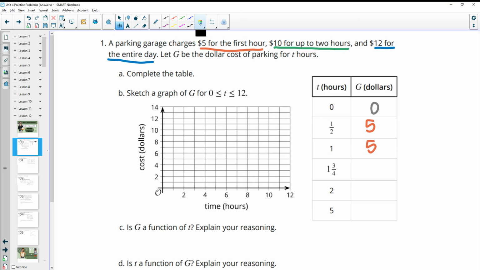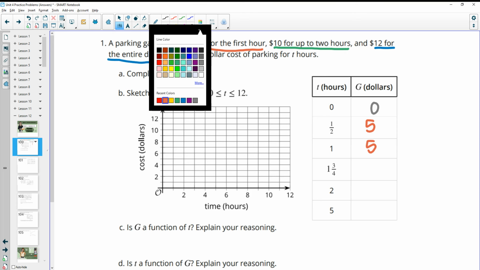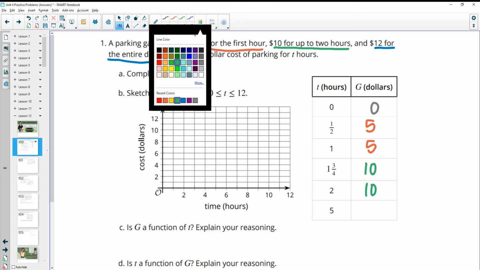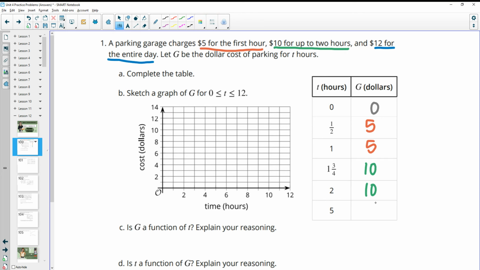Then if we're there for 1 3/4 hours, that's more than 1 but less than 2 hours, or 2 or less hours. So that's going to cost us $10. Up to 2 hours costs us $10. And then more than that, more than 2 hours, they just charge you for an entire day, which is going to cost $12.